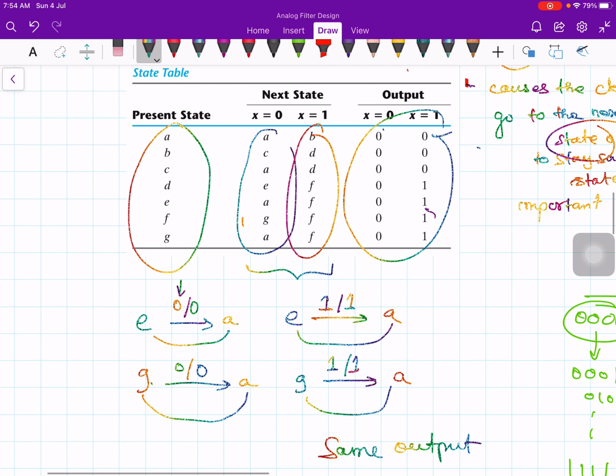Therefore, we have identical input output behavior, but the two different states will end up with the same state.